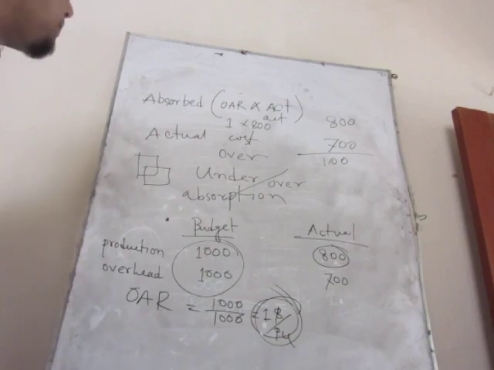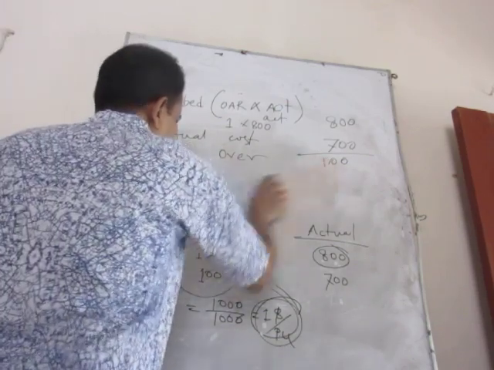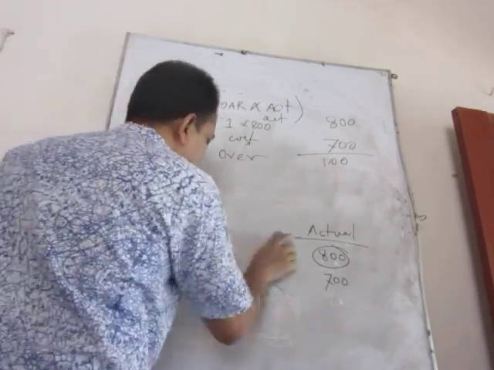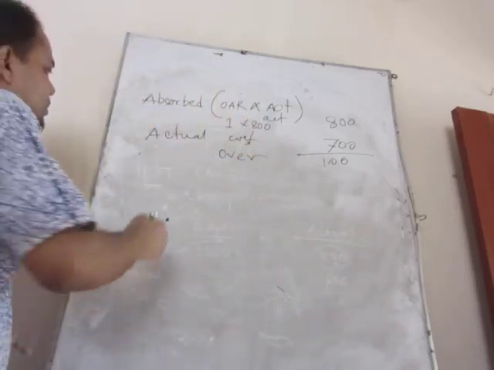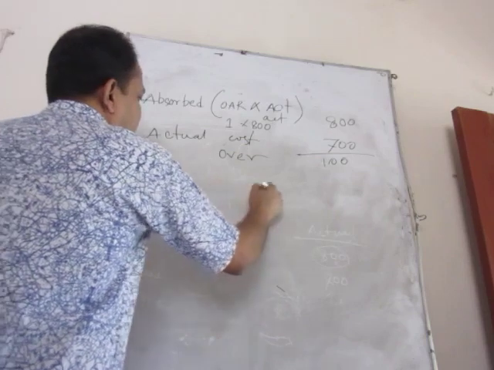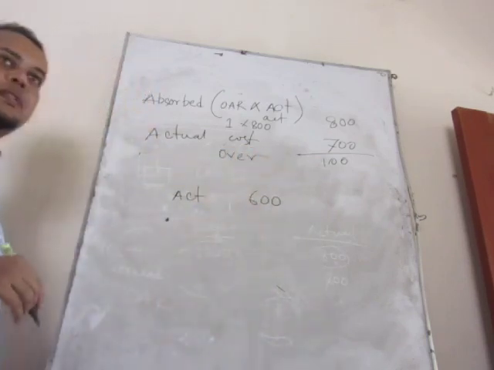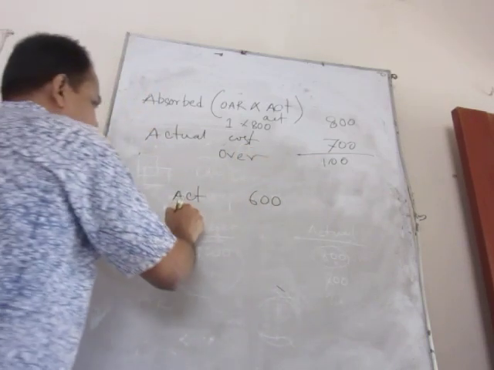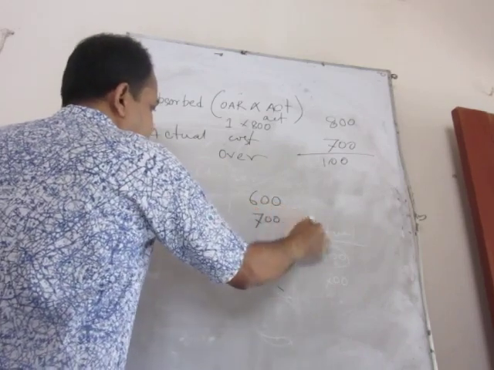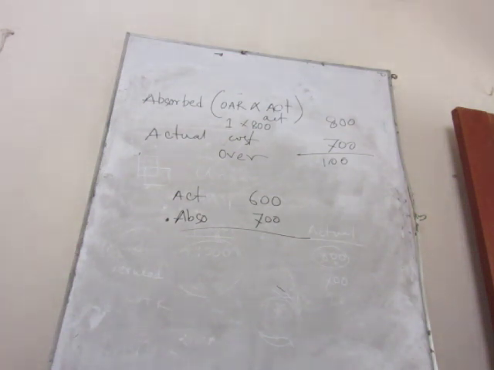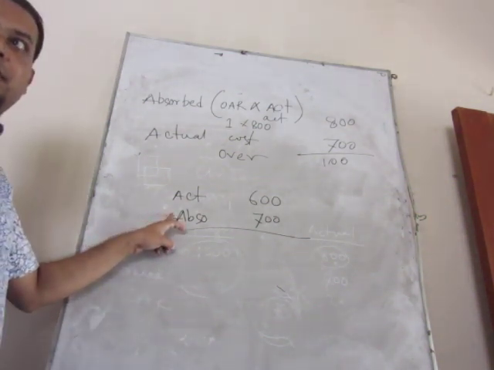So as for example, suppose actual cost is 600, absorb is 700. What can we say? Absorb means our expectation.